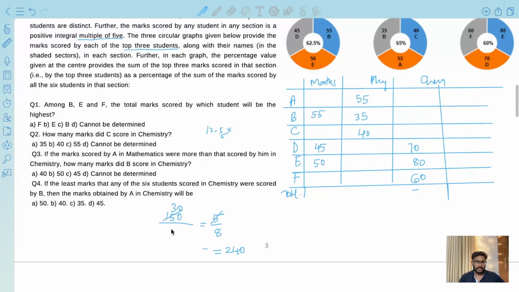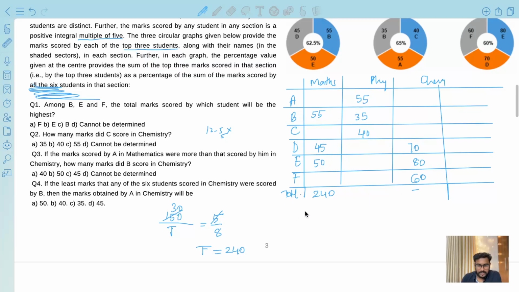This is the total mark percentage, the sum of the marks scored by all the 6 students. Why am I not reading this? That is the total. The total is 240.